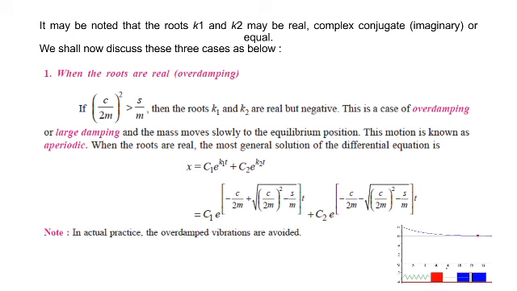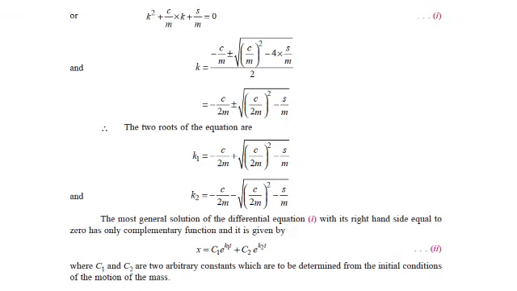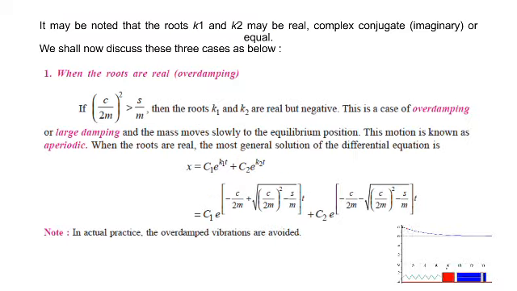In these three cases, we will assume first that the roots, these k1 and k2 roots, are real, that means these are having some value. Now when will these k1 and k2 be real?